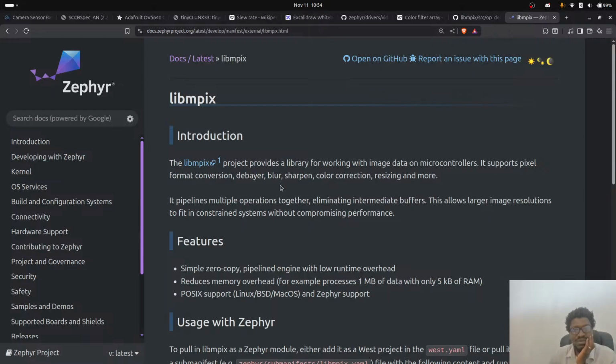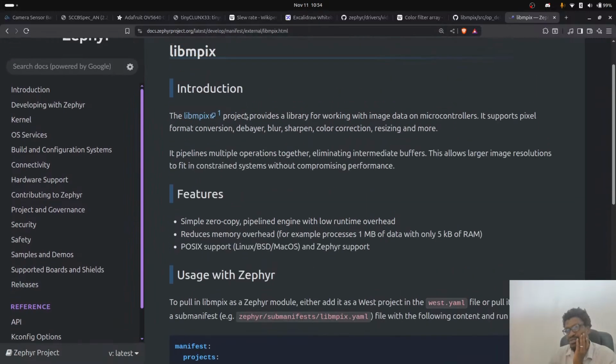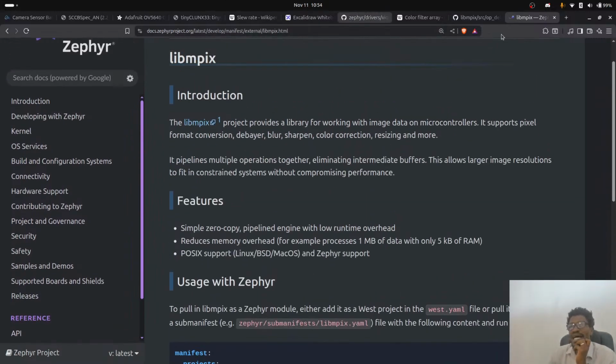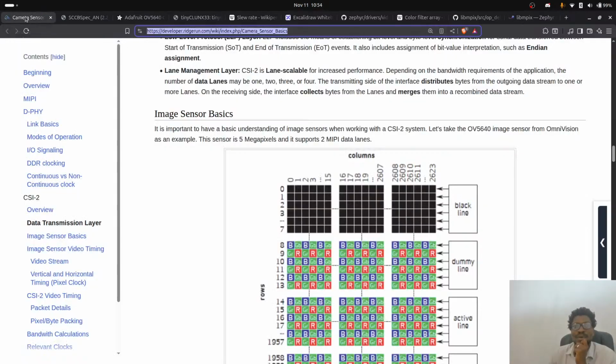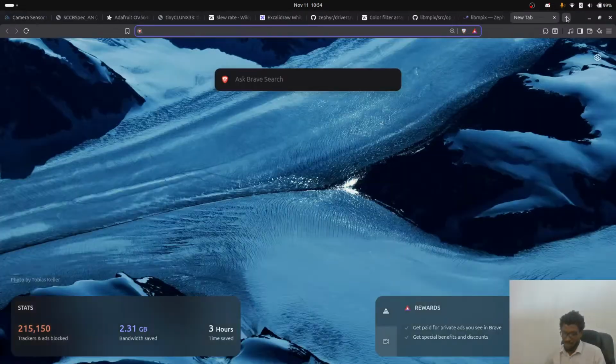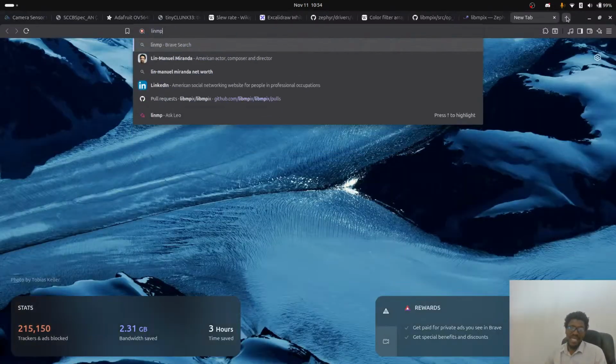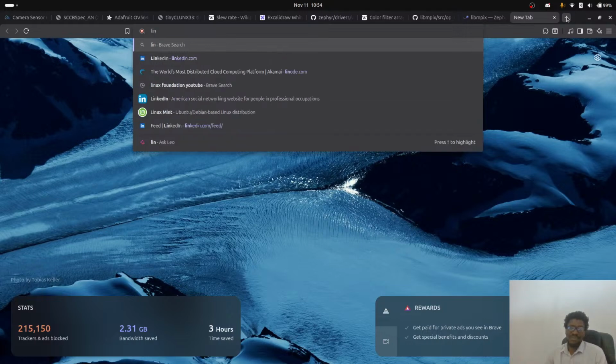Yeah. So libmpix is an external module, but I think what Bartholomew is trying to ask about is libmp. They're not the same thing.